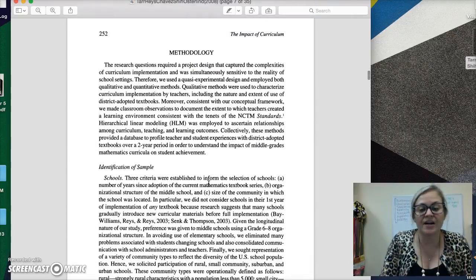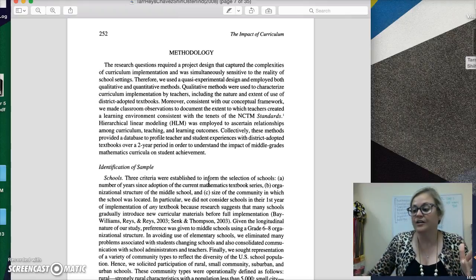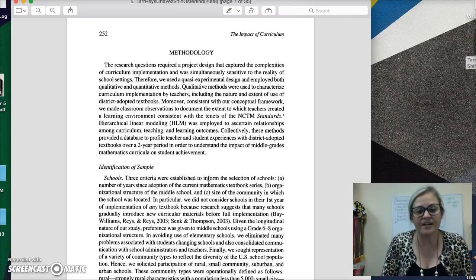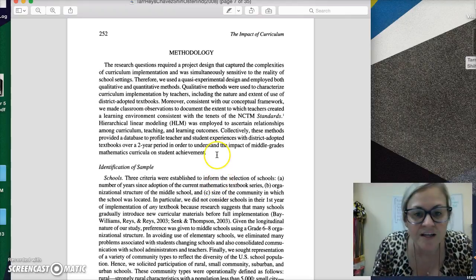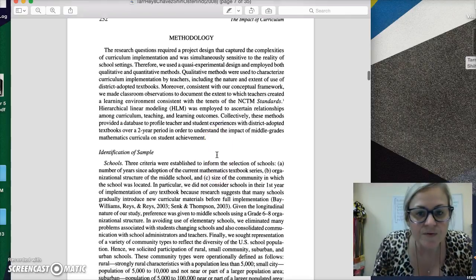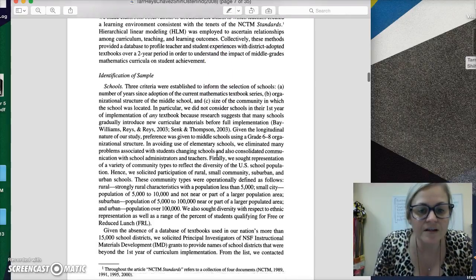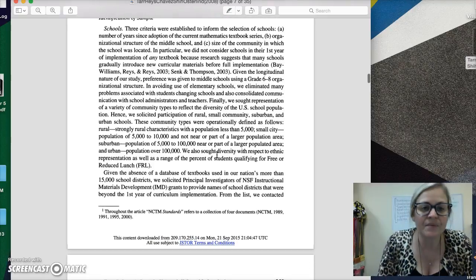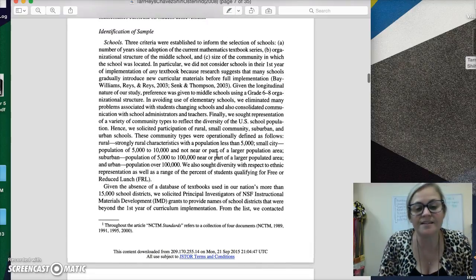Then it goes into methodology, and this is basically what you just read in your chapter on methodology. So the chapter, I think it was 8 in the Creswell, we were reading on quantitative methodology. Here, when we look through this, he'll report on his sample.